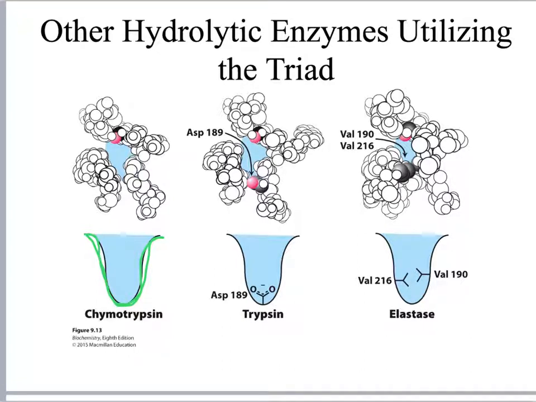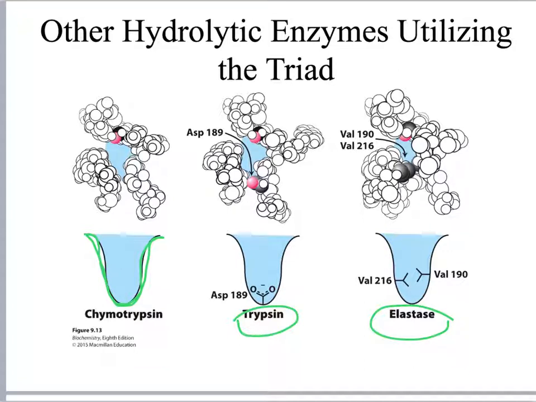Trypsin and elastase, which we see here, are two additional enzymes that involve this particular triad. These are also found in the digestive system, cleaving peptide bonds. The triad gives the catalytic ability, and the shape of the pocket gives the specificity.